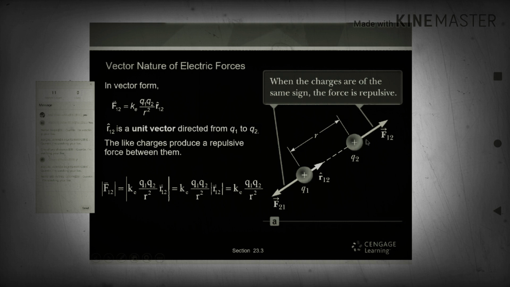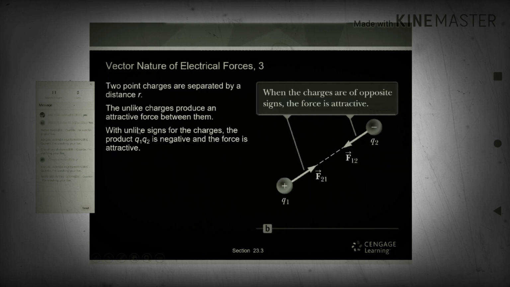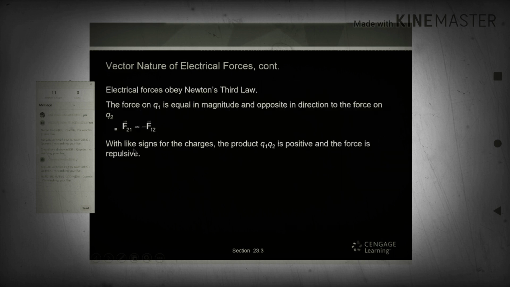So F12 is this direction, then F21 is this direction. So F21 equals negative F12. With like signs for a charge, the product Q1, Q2 is positive. So the force is repulsive. Now you know.